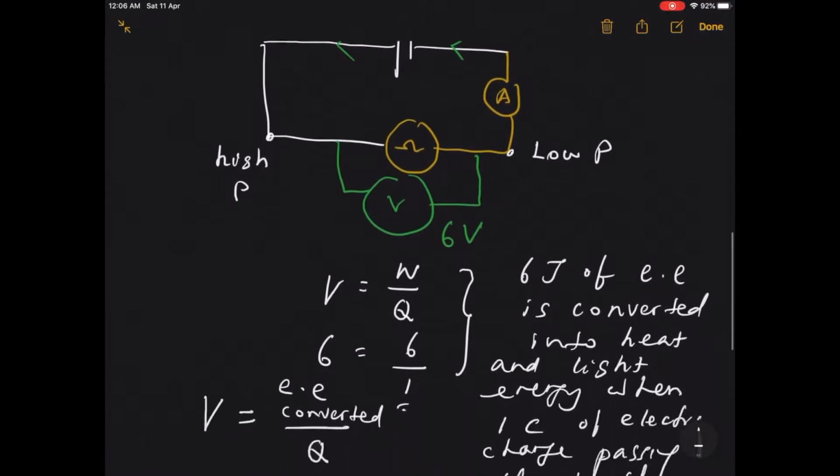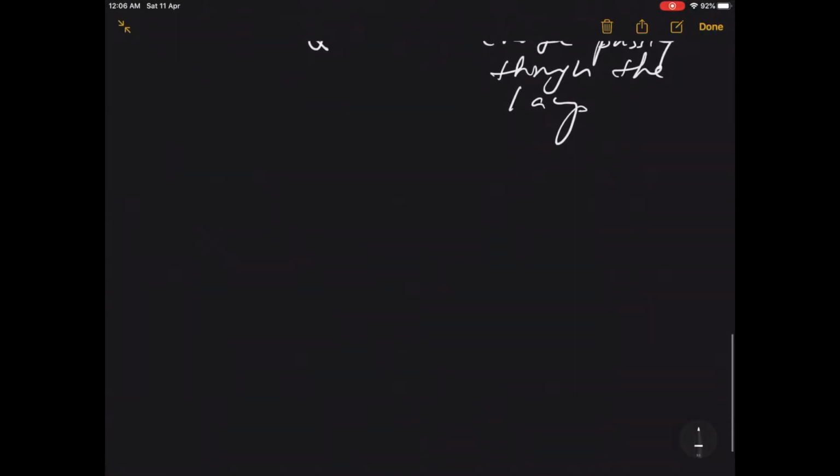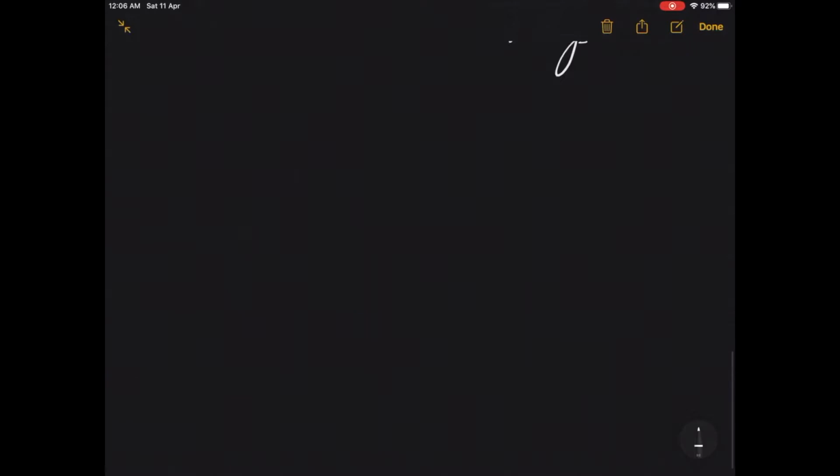Okay, the next aspect that I need to talk about is electrical resistance. We define electrical resistance as the ratio of voltage to the current. Now, let's say you are given a lamp, okay? Beautiful lamp.